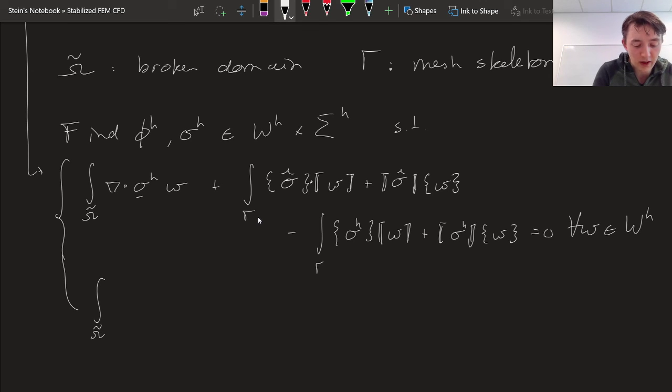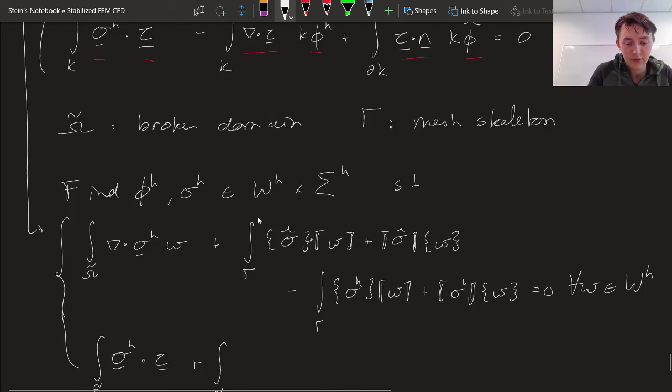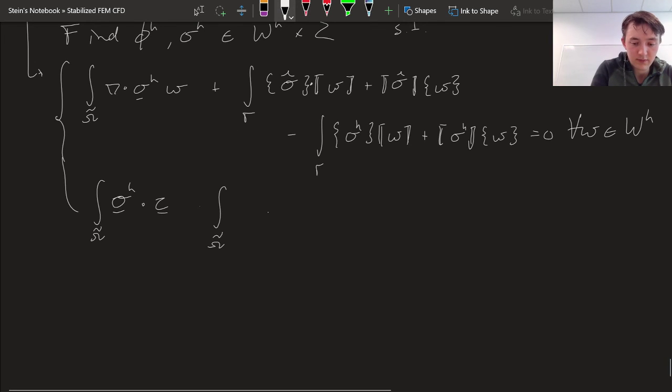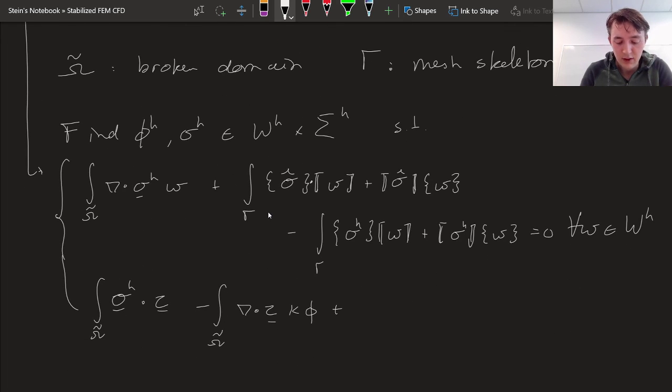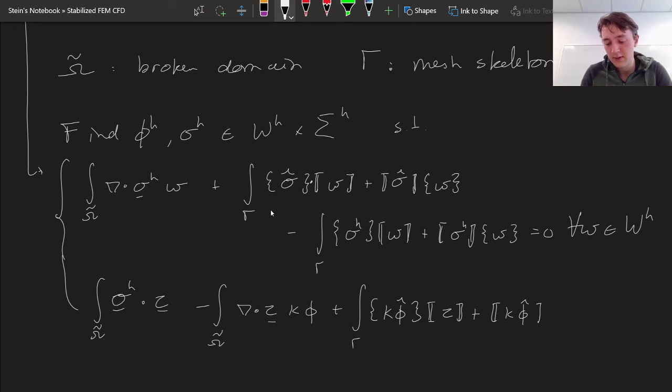So we have an integration over the broken domain of sigma h dotted with tau, plus an integration over our broken domain of divergence of tau times kappa phi, plus an integration over our mesh skeleton of the average of our kappa phi, our numerical flux, times the jump of tau, plus the jump of our numerical flux times the average of our test function tau, and now this will be a dot product.